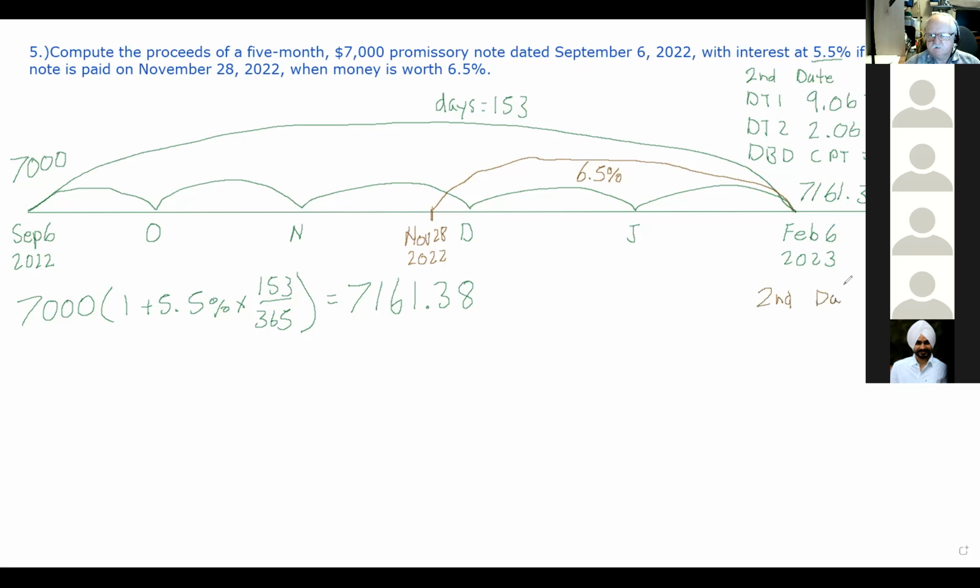And so we're going to do the same thing. Second date. Date 1 is November, so 11.28.22. DT2 is still February 2.06.22, and days between dates. And we're being told by several people this is 70 days.